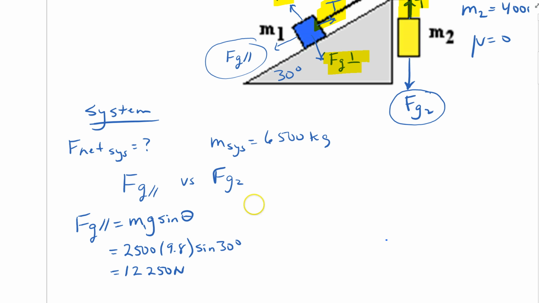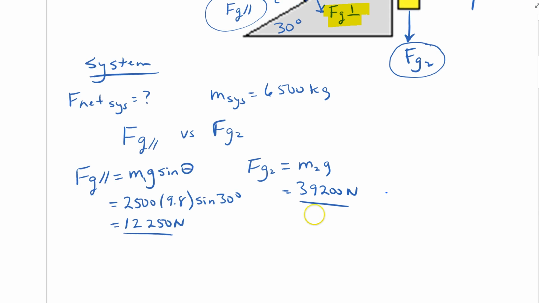Over here, FG2 is just equal to m2 times g, and m2 is 4,000, and when I multiply that out I get 39,200 newtons. So between the two, which one is bigger? Well, here we have the winner.